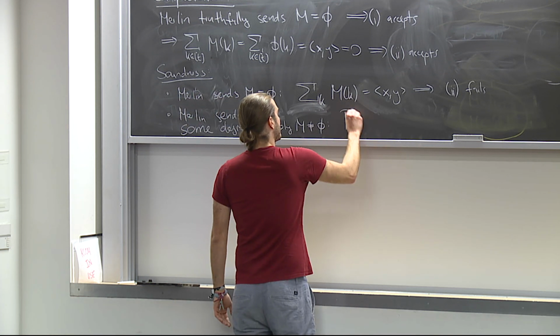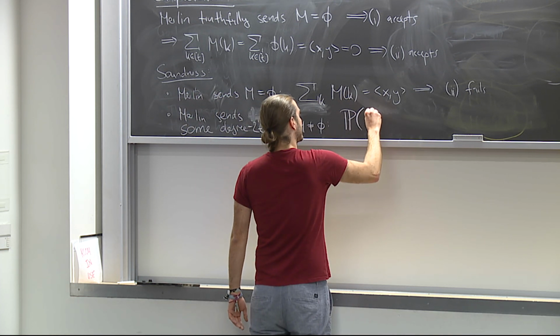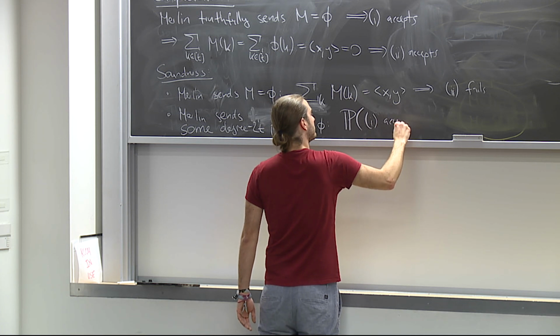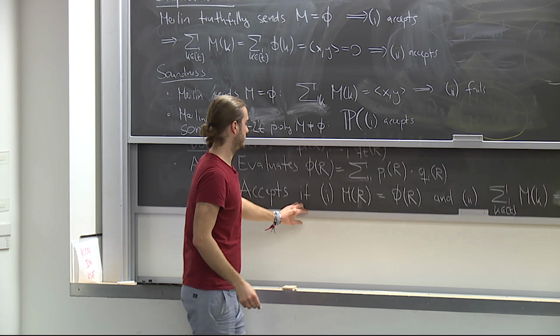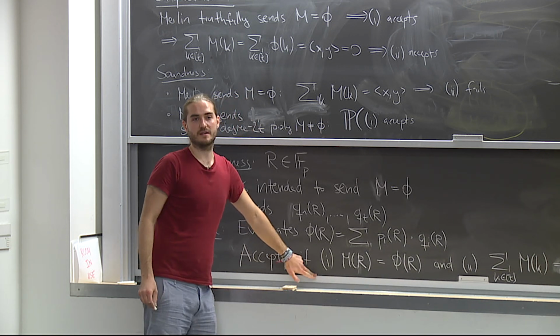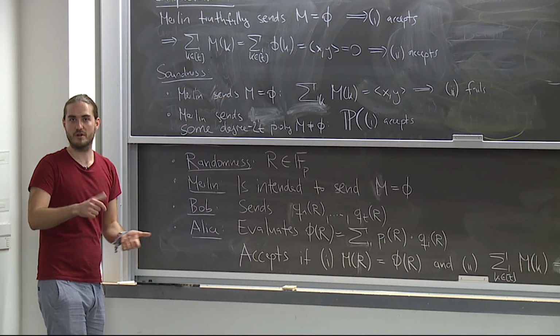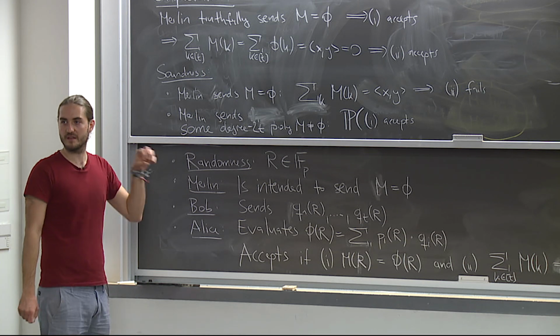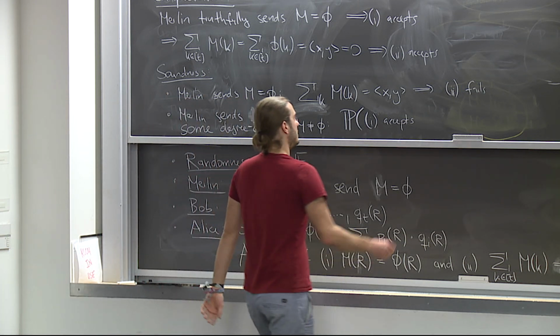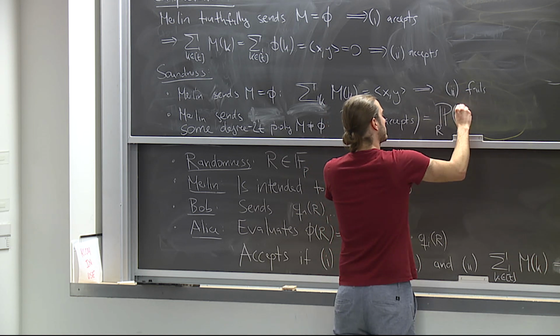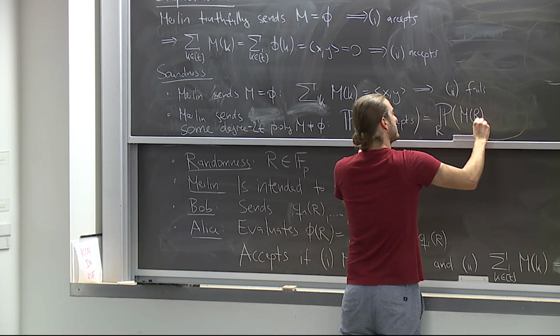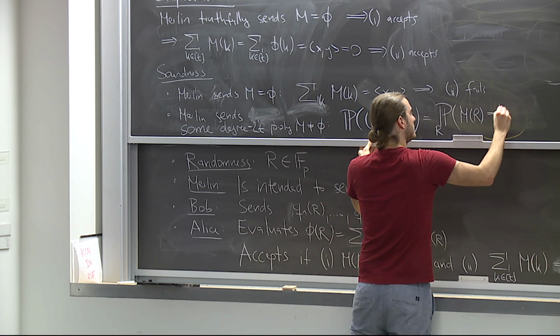So then the probability that we accept, or in fact that test 1 accepts, which was this, right? That actually the polynomial, whatever Merlin sends, coincides with our actual polynomial in the random point. This is literally just the probability that these two polynomials coincide.